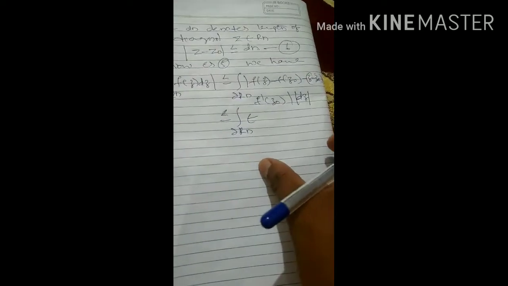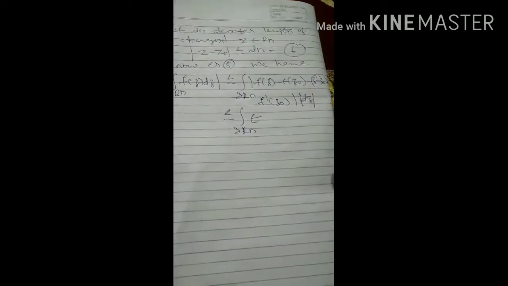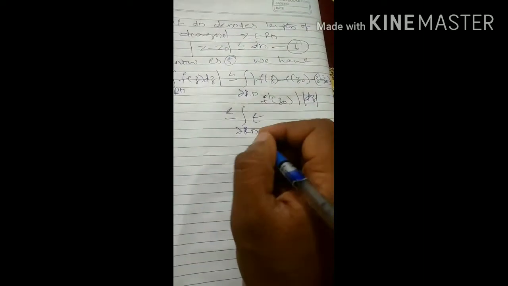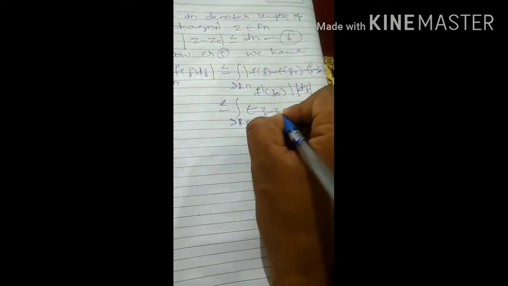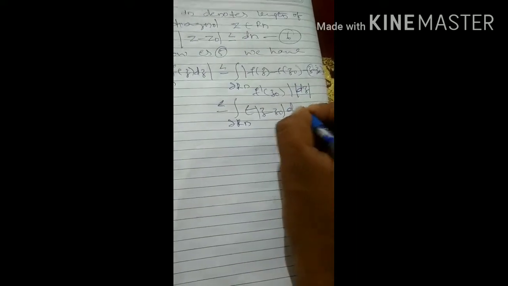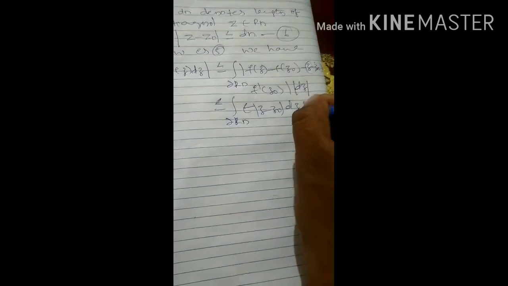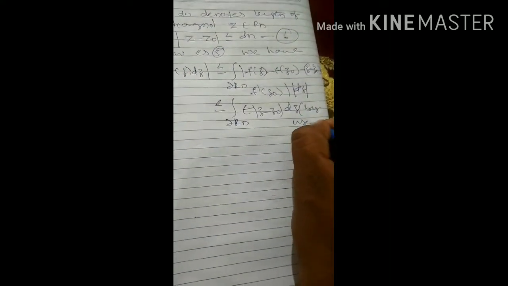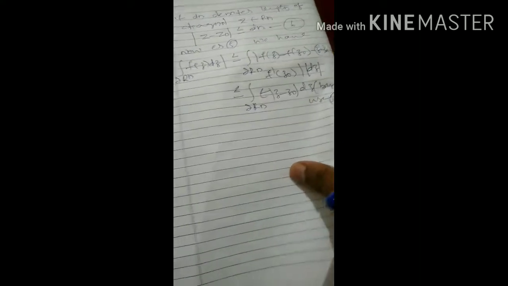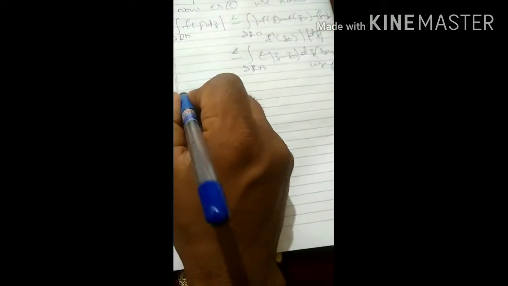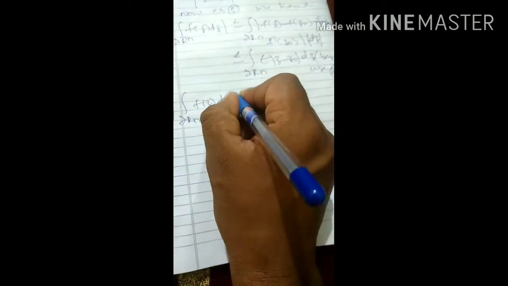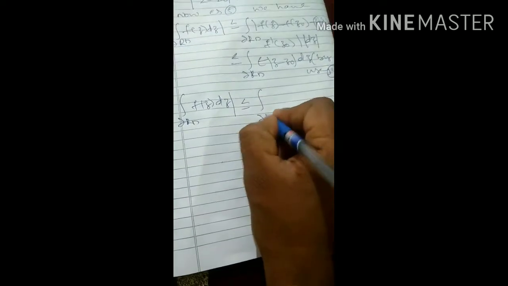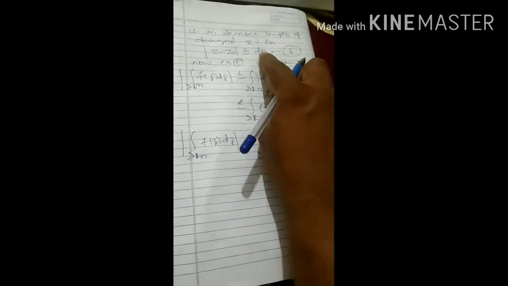Combining equation 5 and equation 6, and using equation 4 also, we get epsilon times modulus of z minus z naught, dz, which is less than or equal to the integral over del Rn of epsilon dn.